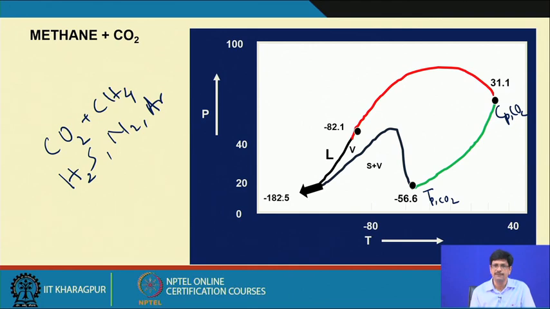It is hardly possible to observe, whereas the critical point of methane is minus 82.1, which is easily observable, meaning any kind of liquid-vapor homogenization.